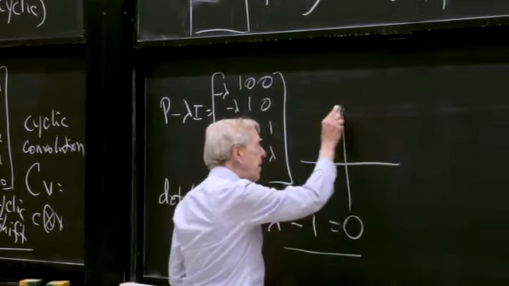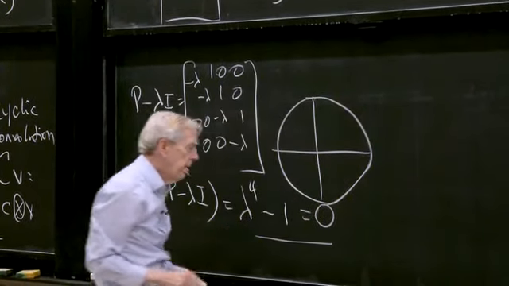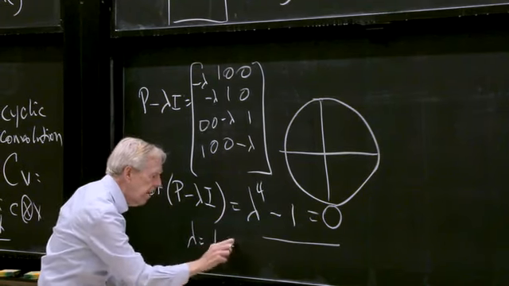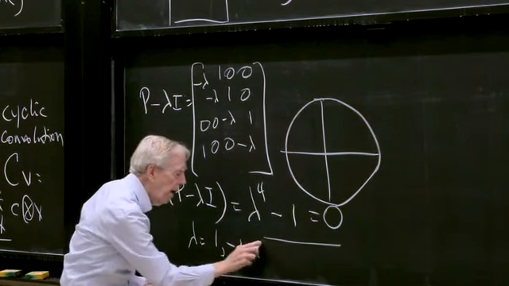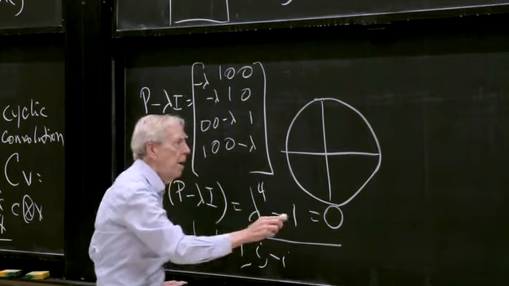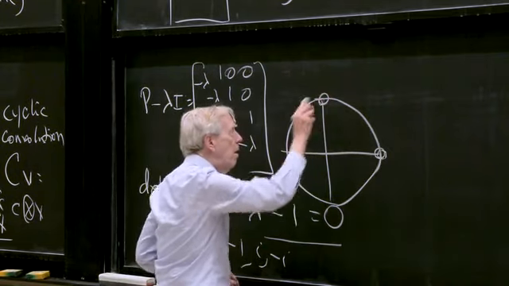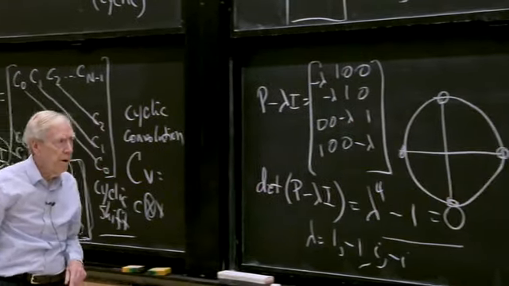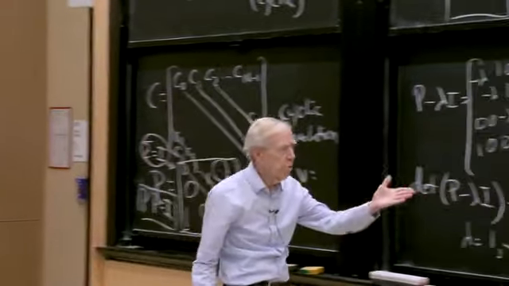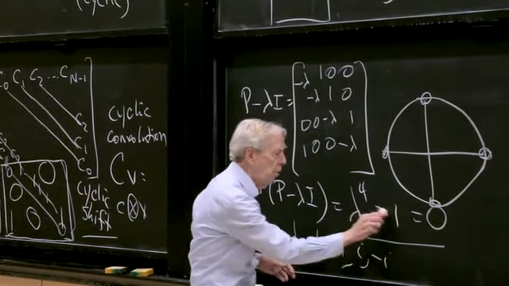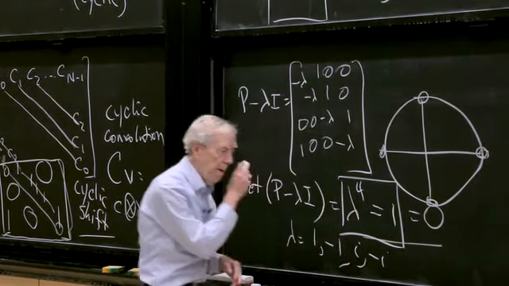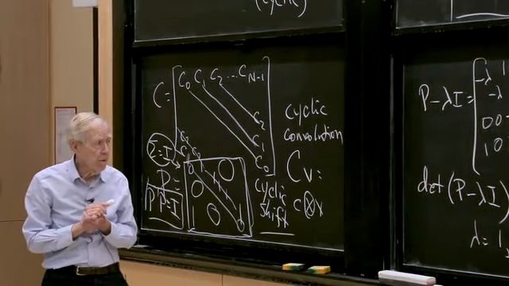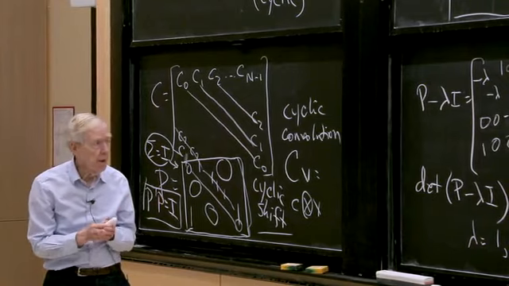Then I would find that the eigenvalues will be 1 and minus 1 and i and minus i. And they're the fourth roots of 1. Lambda to the fourth equals 1. That's our eigenvalue equation. Lambda to the fourth equals 1, or lambda to the nth equals 1.